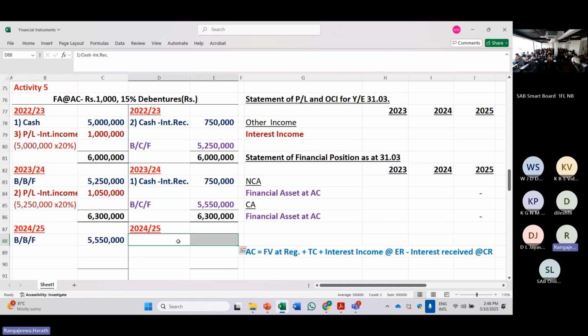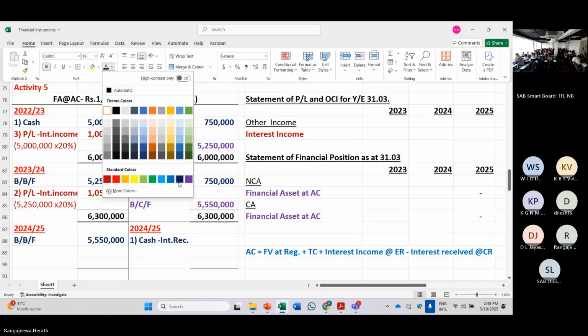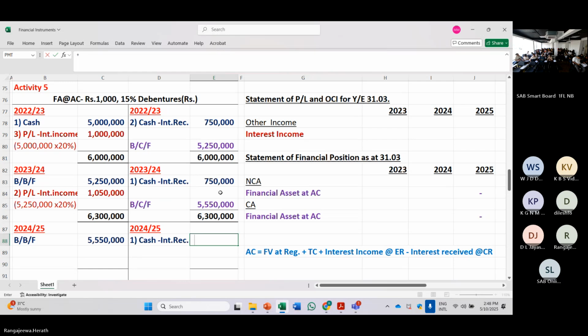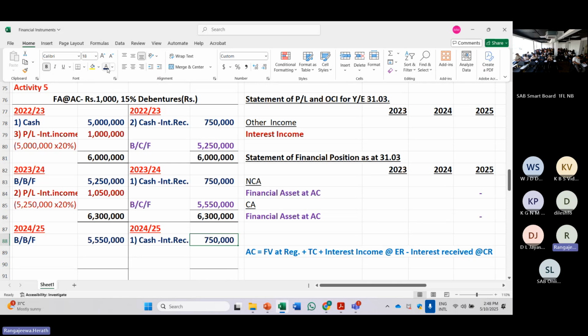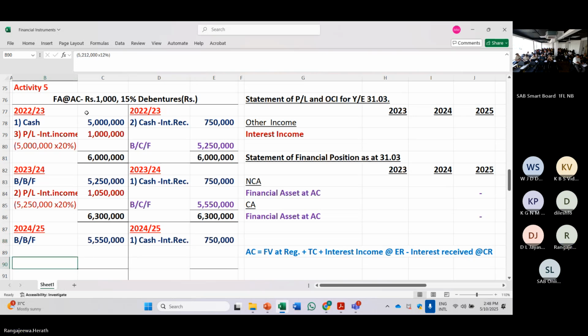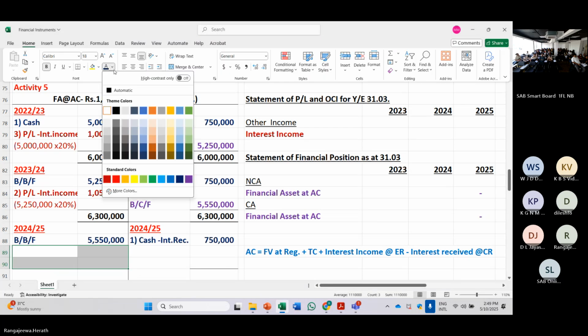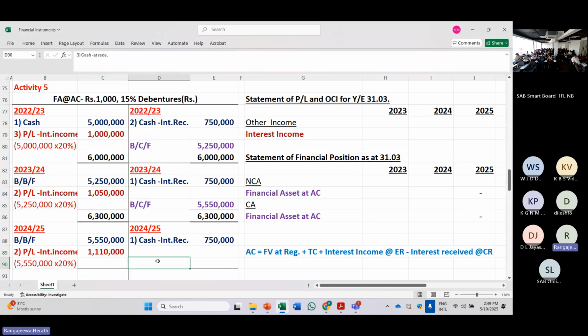Then the interest we receive is the same 750,000. That does not change. Now the interest income should be 5,550,000 into 20%, so it is 1,110,000.